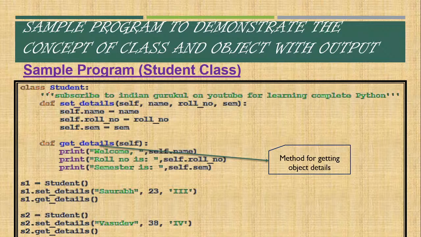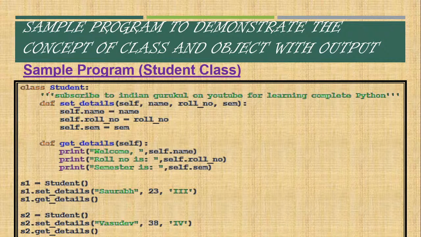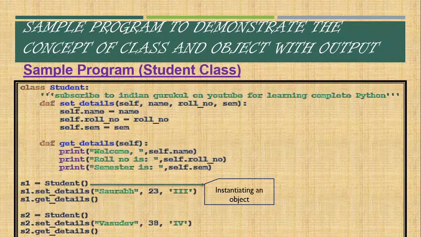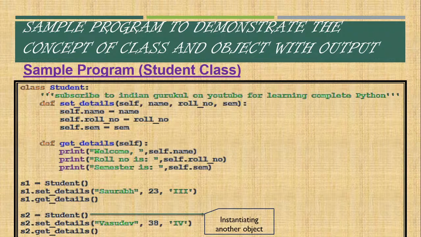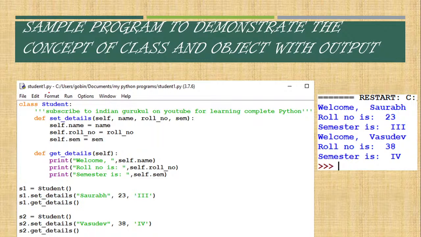If you want to understand this self, then self is analogous to this which we use in C++ or Java, and it points to the current object. So over here the first object is instantiated. Then another object s2 is instantiated, so we are just writing s2 equal to Student, and then this is the complete code which we have executed.